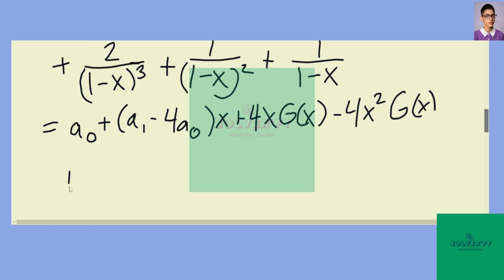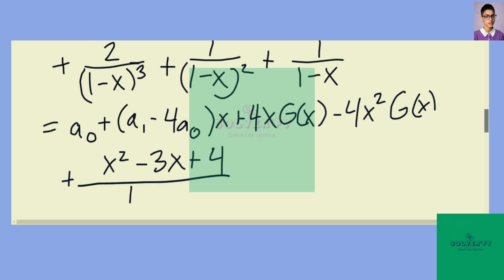So we have 1 minus x squared plus 1 minus x, and we have 2 plus 1 minus x plus 1 minus x squared, and this reduces to x squared minus 3x plus 4 all over 1 minus x cubed. And so we can solve for g of x.